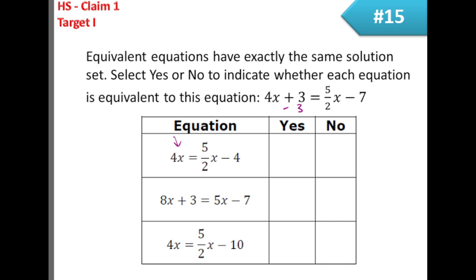So I subtract 3 here. So that's 4x equals 5 over 2 x minus 10. So obviously it's not this.